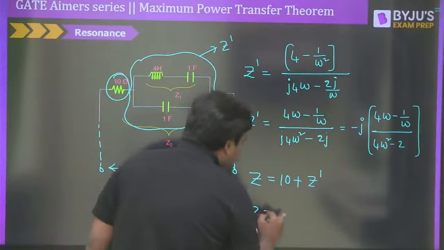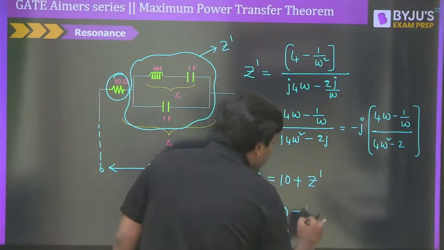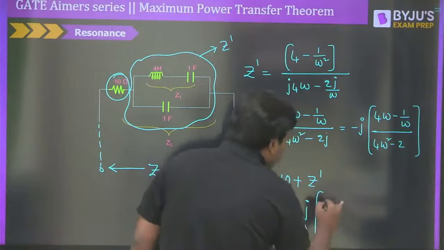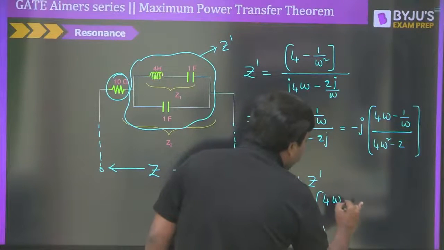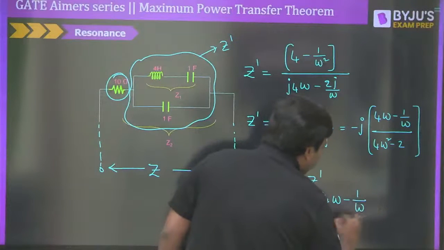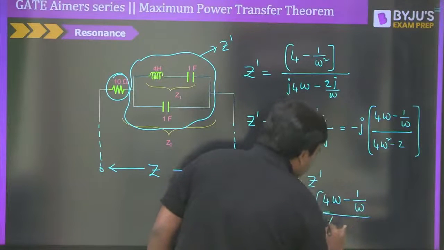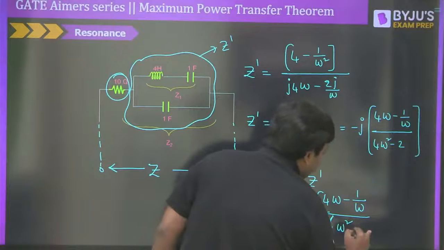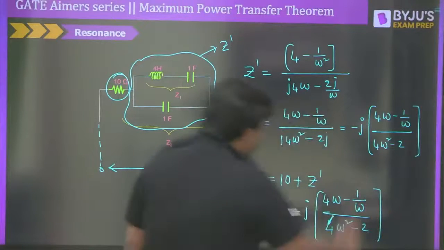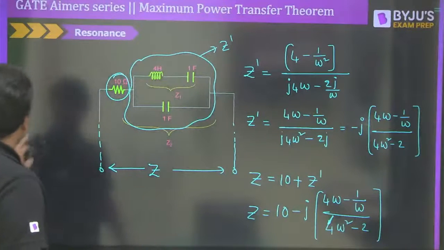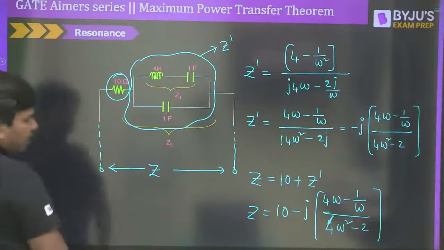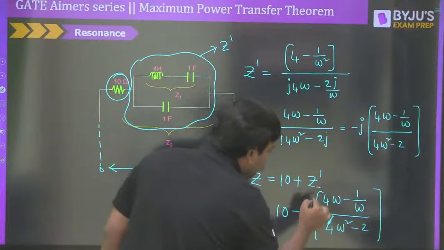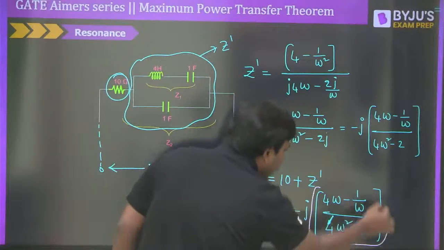And of course, this is equal to 10 minus j into, so what is there now? Now it will be like 4 omega minus 1 divided by omega, whole divided by 4 omega square minus 2. Correct? Now you can confidently say that in the impedance part, the imaginary part should be equal to 0.